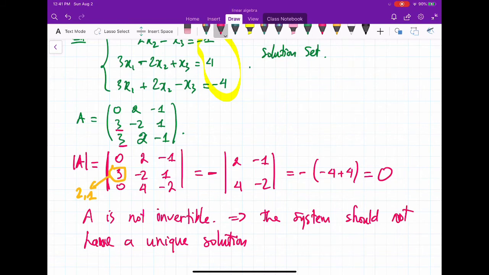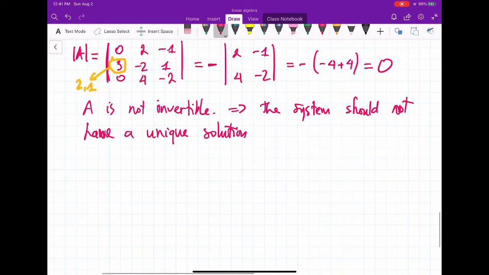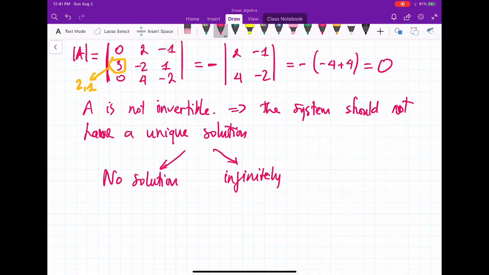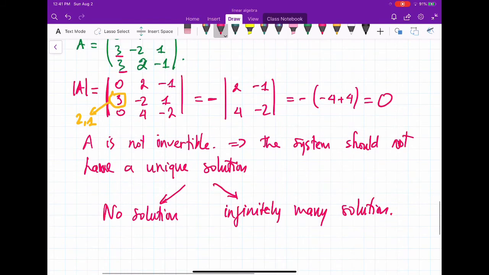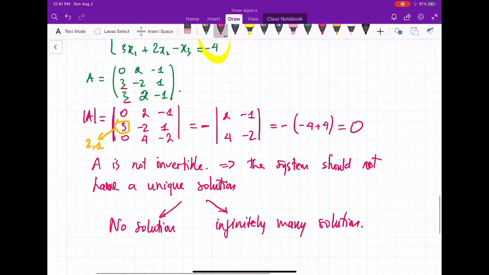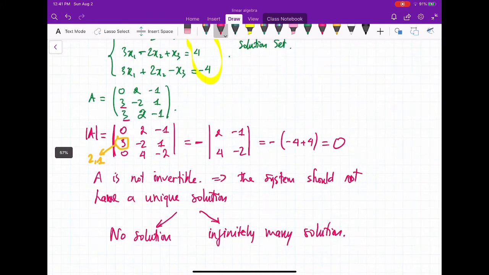We know exactly that the system should not have a unique solution, but we still have two other cases. The first case, no solution. And the second case, infinitely many solutions, right?